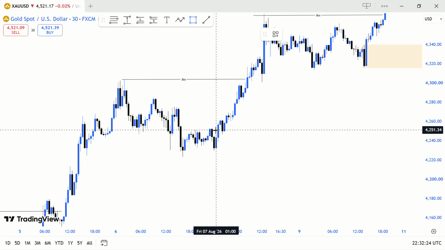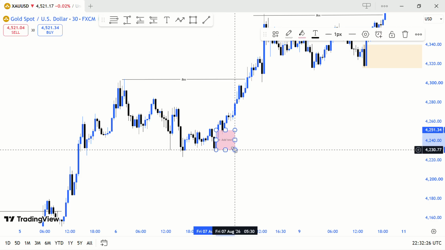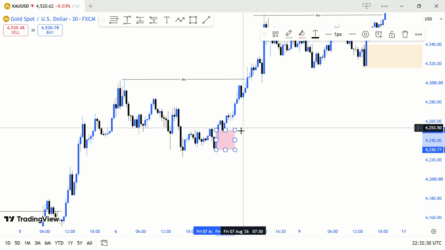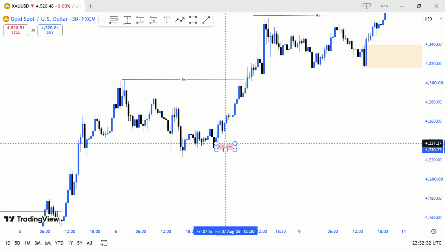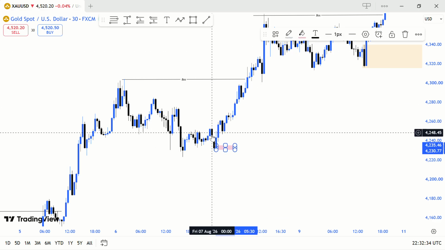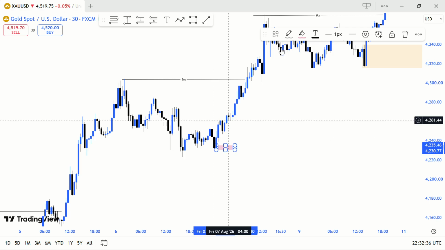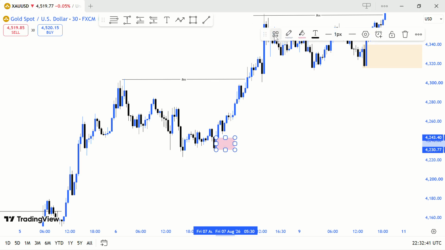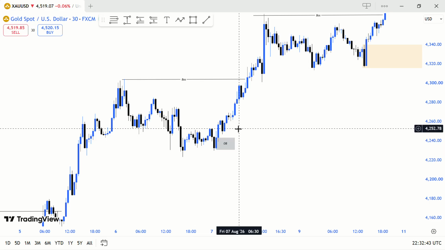This is the guy that caused this movement to the upside. So this guy has been mitigated, as you can see. This was the order block that caused the movement to the upside.